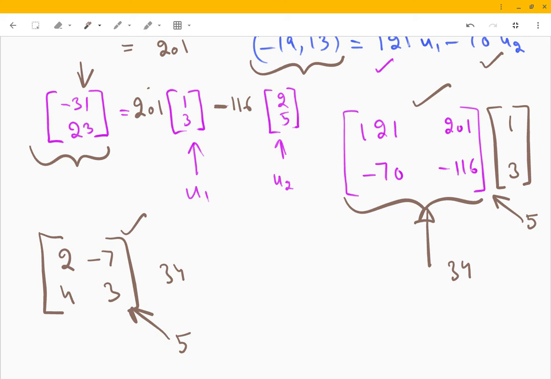Because these two matrices are representing the same linear transformation. They are mapping each and every vector to the same vector. It is just that in this case, the vectors are defined with this basis. And in this transformation, all the vectors are defined with each new basis.